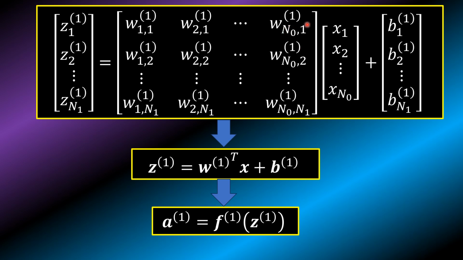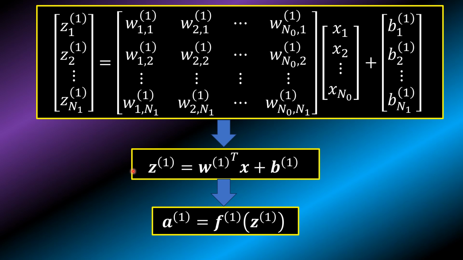And then you're multiplying that by the X vector, your input vector, plus your biases. Each and every first hidden layer neuron is going to have an associated bias, all the way up to bias N sub 1.